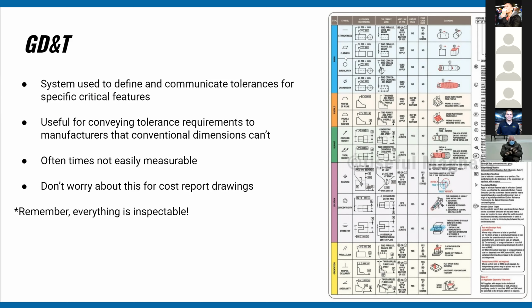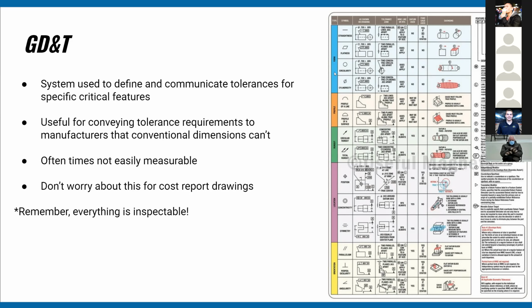It's not super easy to convey that you need a flatness across this entire surface within, here it says, 3/1000ths of an inch. So this flatness says that on this surface here, apply that flatness. And then there's also runout or concentricity when you have cylindrical parts or shafts that need to mate up together correctly.